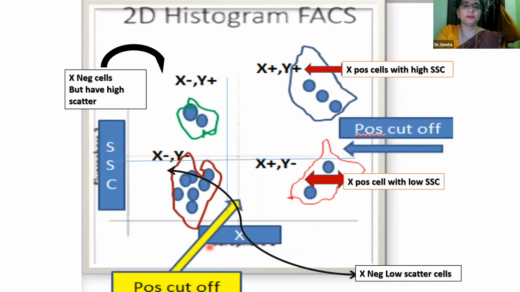This is a better histogram which says that this has a particular antigen negative and a particular antigen positive. This quadrant always has both antigens positive. This quadrant has only the x-axis antigen positive, and this quadrant always has both negative.